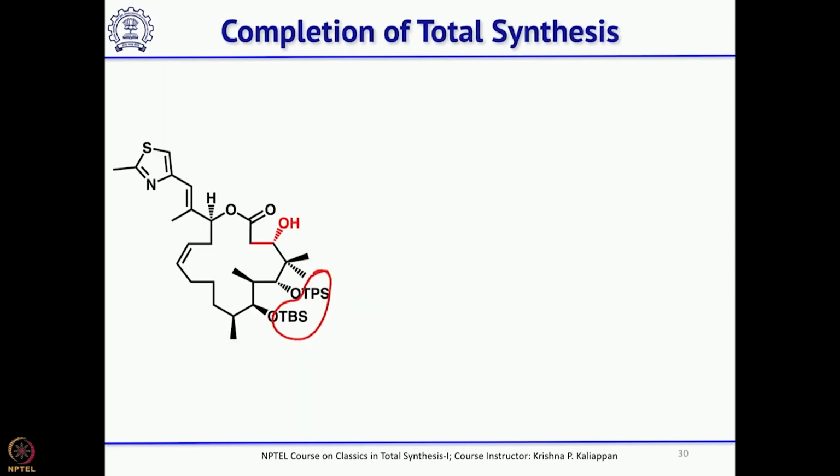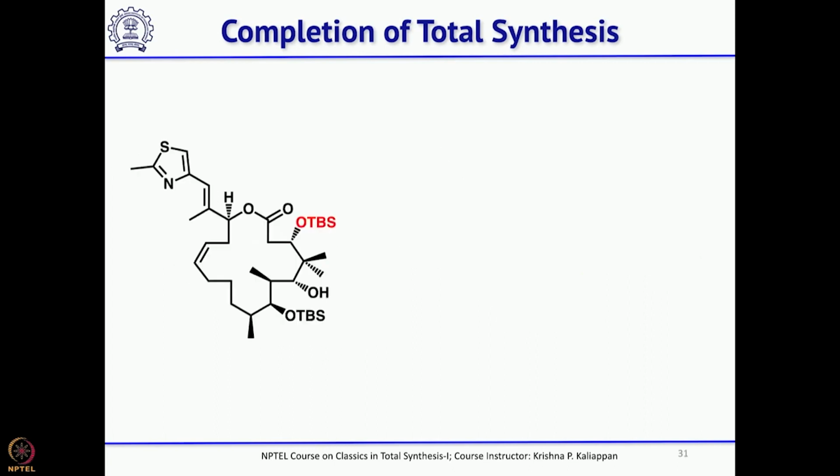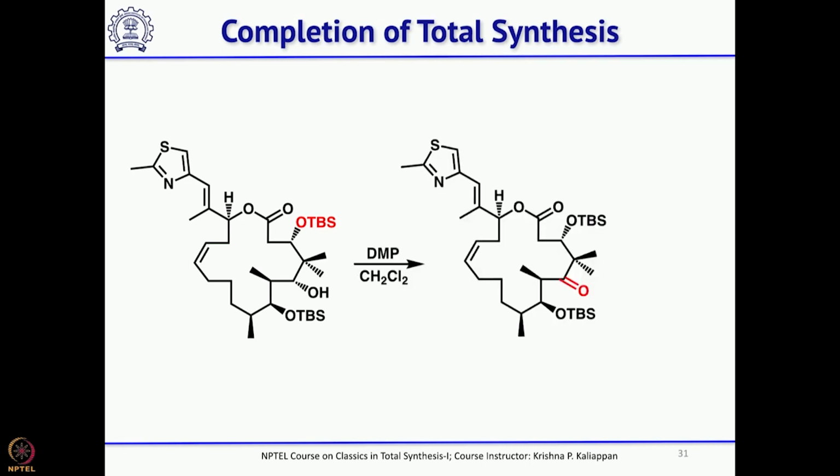Okay. But if you look at this carefully, this TPS can be selectively removed. Okay. So, with HF pyridine, in the presence of TBS, TPS, that is triphenylsilyl group, can be cleaved. Then protect the other hydroxyl as TBS ether. Okay. Then you oxidize this hydroxyl group.